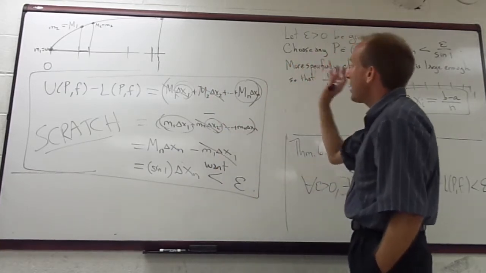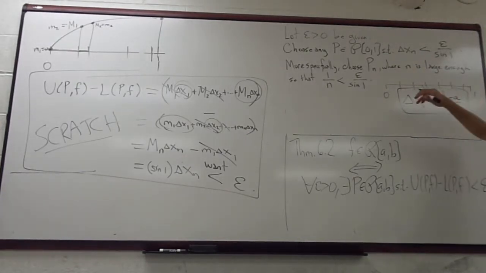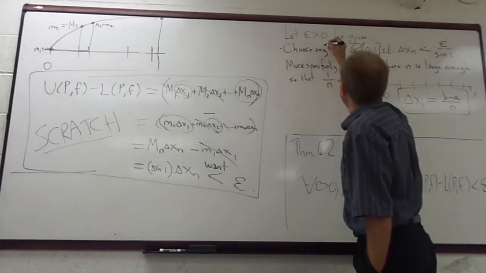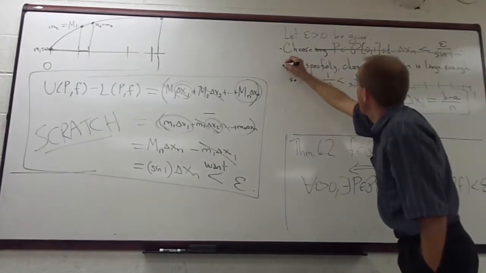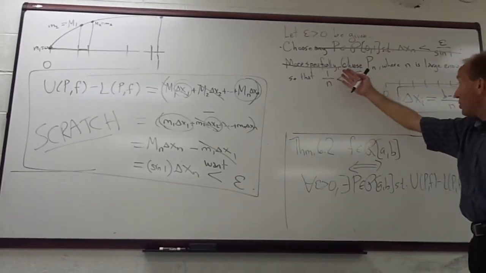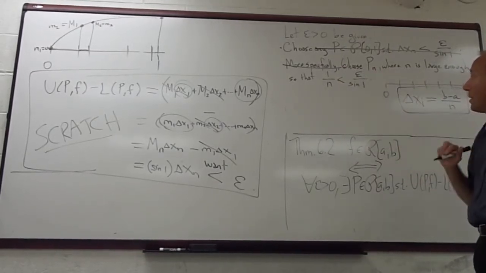Okay, so I think my scratch work is still going to be fine. I just had to be more specific here. So let's just cross that off. There we go. Choose P sub n, where n is large enough so that 1 over n, which is delta xi for each i, will be less than epsilon over n.